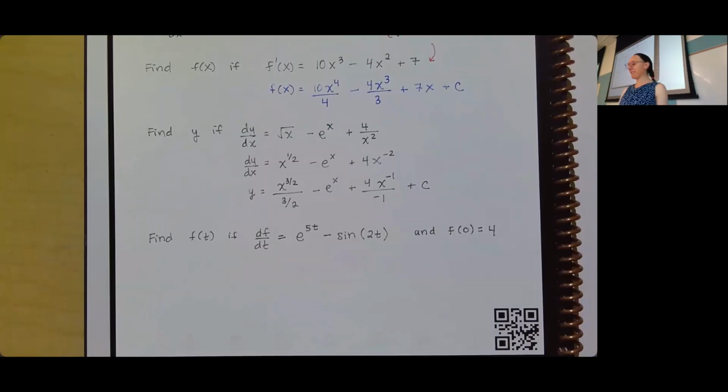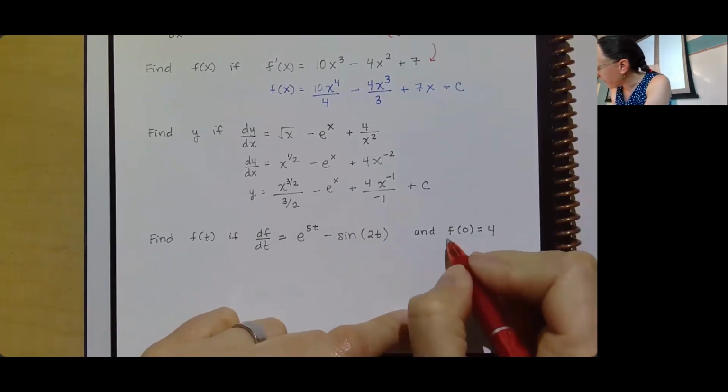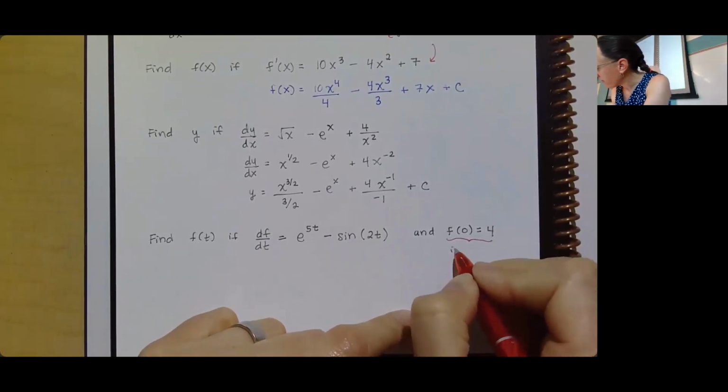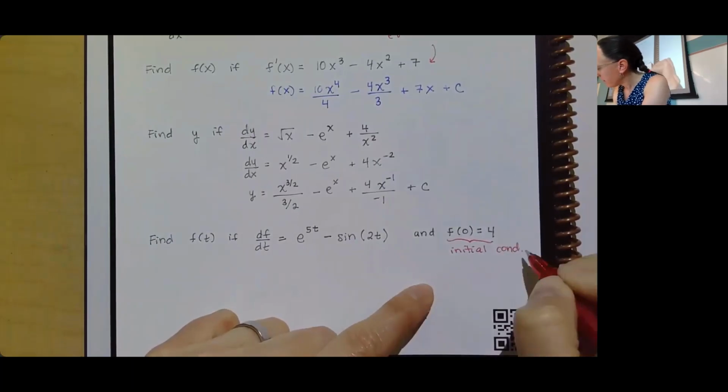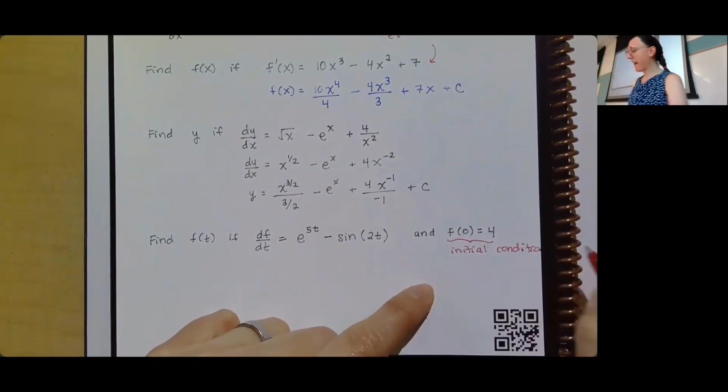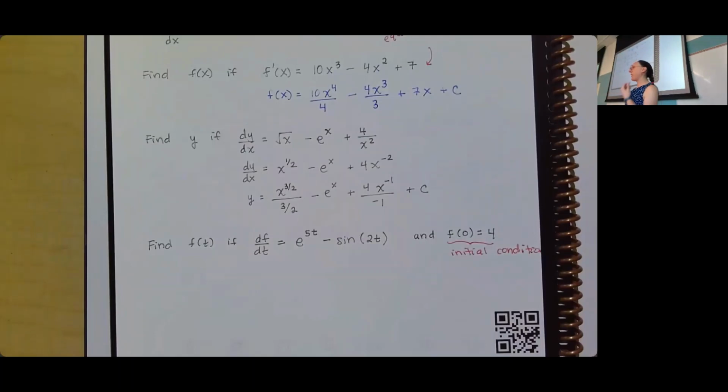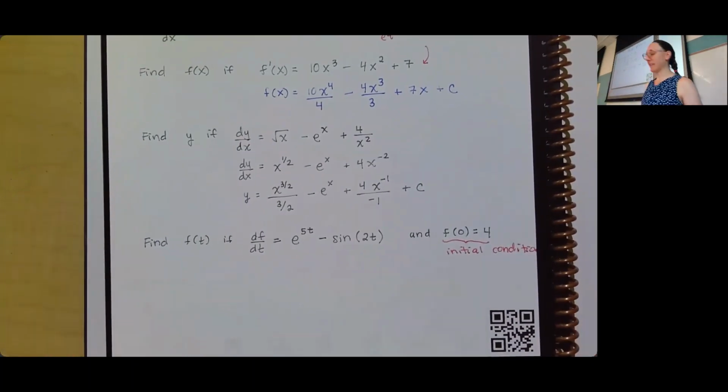But I have given us some additional information, and that additional information over there, we call an initial condition. Which in fact makes this entire thing an initial value problem, is sometimes how we categorize that type of differential equation when we've been given some additional information.